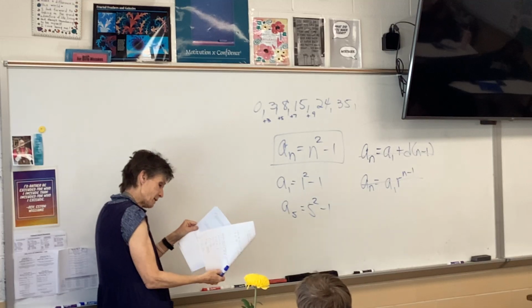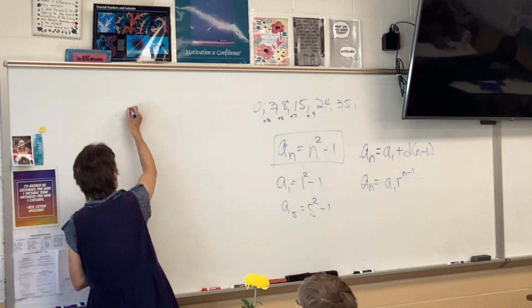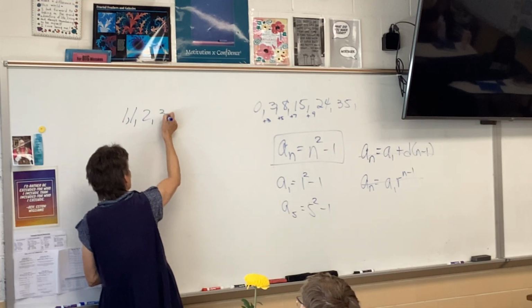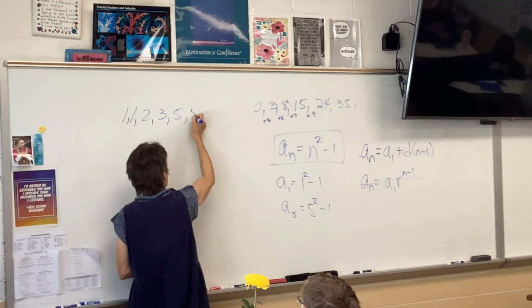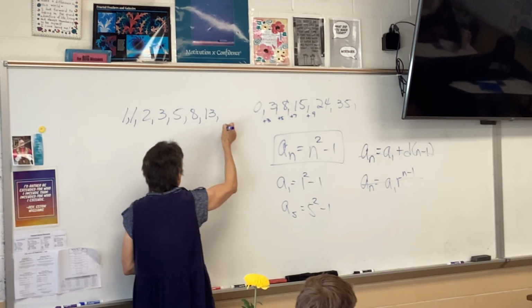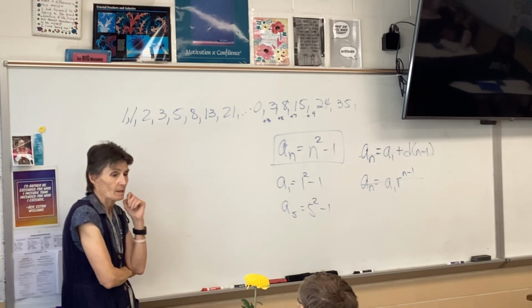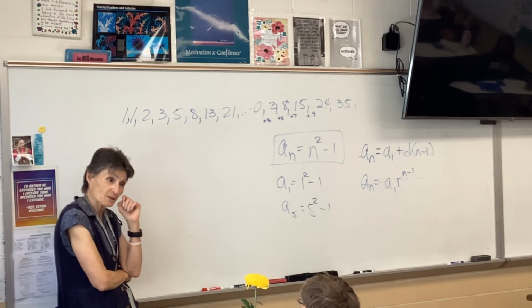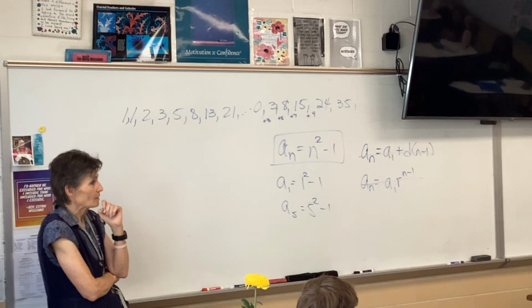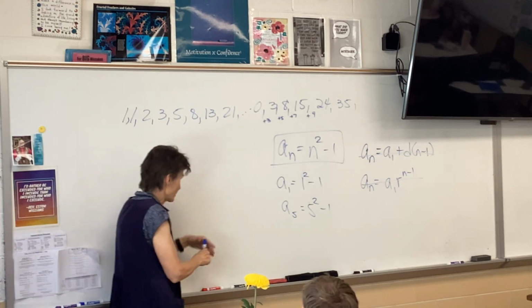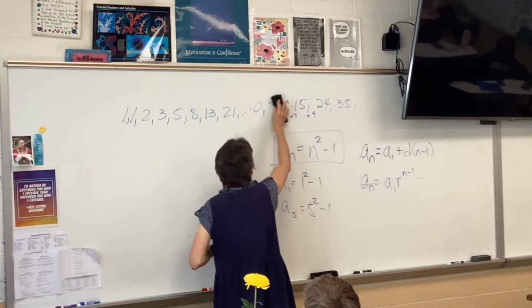Oh, Fibonacci, the most famous sequence in the whole wide world, and that's why we have to talk about it, because it is so famous. Leonardo Fibonacci was his name. This is the Fibonacci sequence, right here.